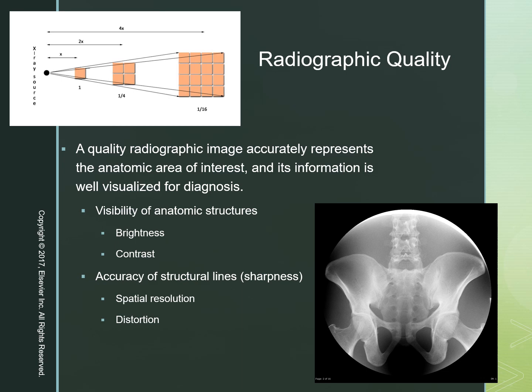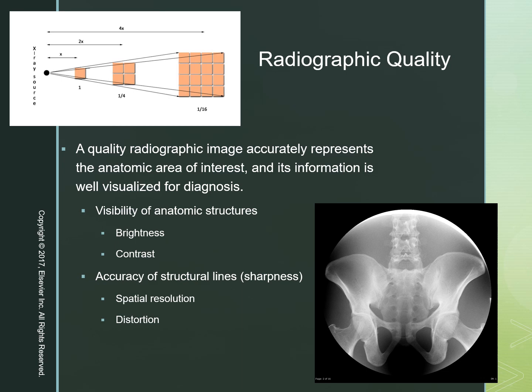Now, radiographic quality: this is the quality, the spatial resolution, how appropriately your image represents the actual anatomy. We know that one of the ways that we can affect our radiographic quality is by providing appropriate brightness and contrast. Another way is by making sure that we have good spatial resolution with limited distortion.